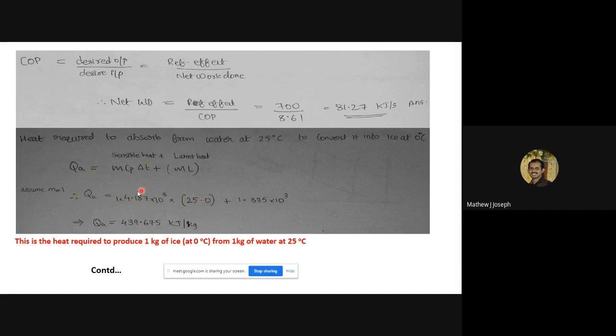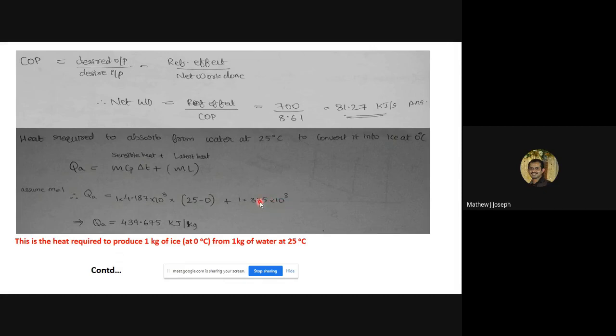So this is mCp delta T. Then what is remaining? ml, mass times latent heat. Mass we are assuming as 1. Then latent heat of water, it will be better that you remember it. In many questions, this value may not be given, in university exams also. So universally, the latent heat of water is assumed as 335 kilojoules per kilogram.